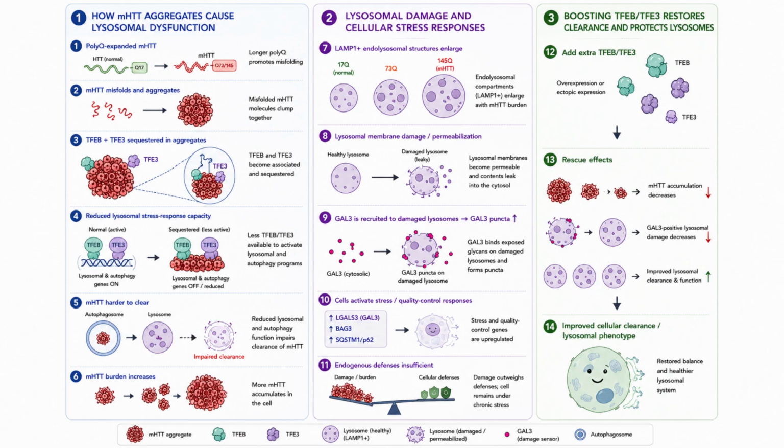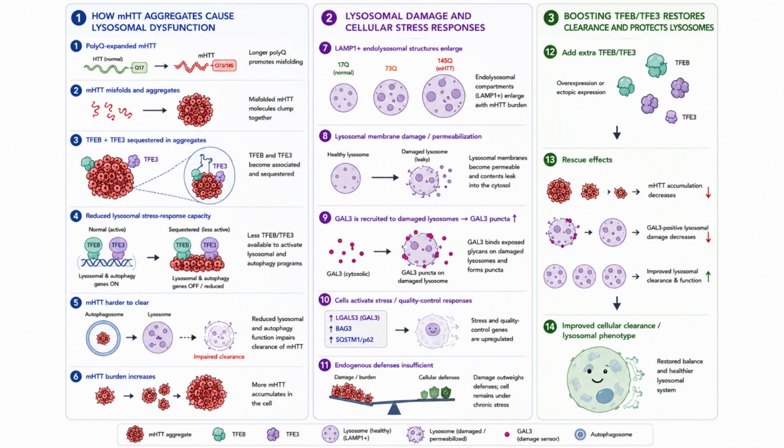Let's walk through it step by step. First, mutant Huntingtin misfolds and forms those massive insoluble inclusions. Step 2, those inclusions act like a trap, physically sequestering TFEB and TFE3 away from the nucleus. Step 3, without their factory managers, the cell's ability to coordinate repair and replacement suddenly drops.